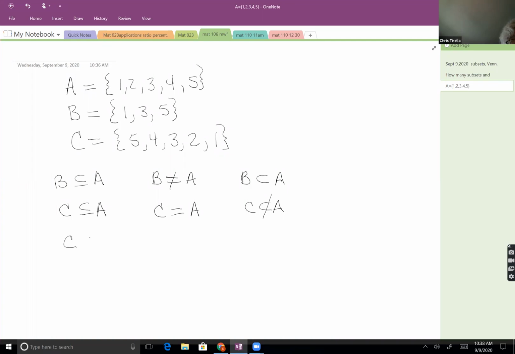Is C a subset of B? Is everything in C in B? No. So is it all right that C would not be a proper subset of B because C's got more stuff in it than B does?